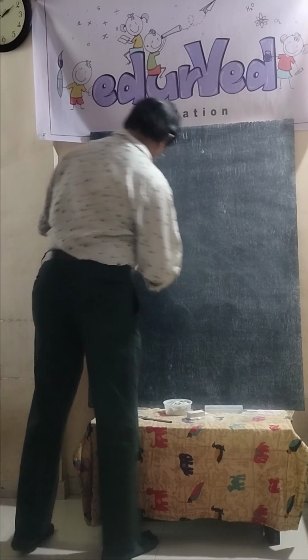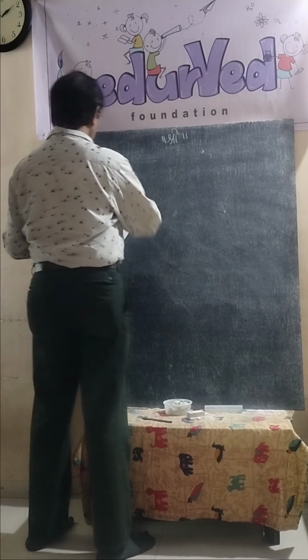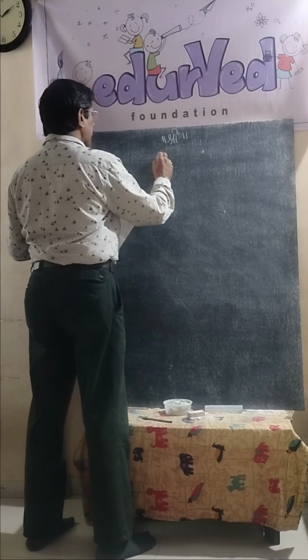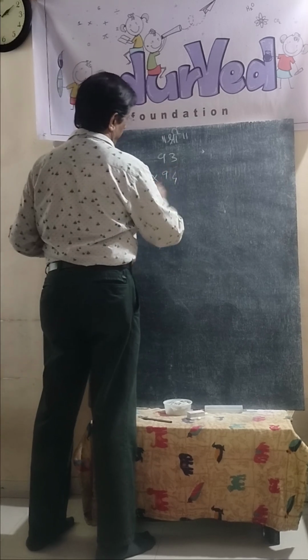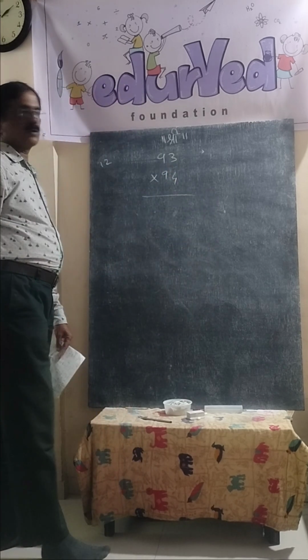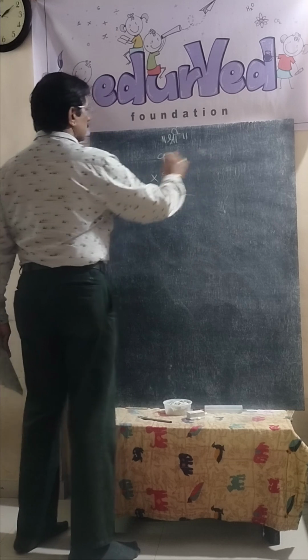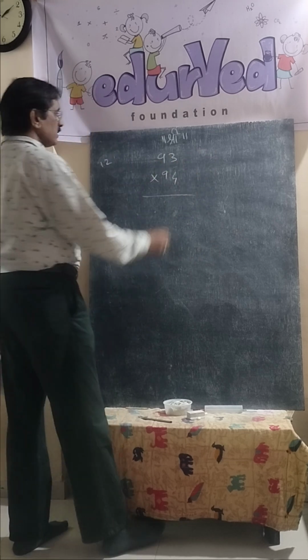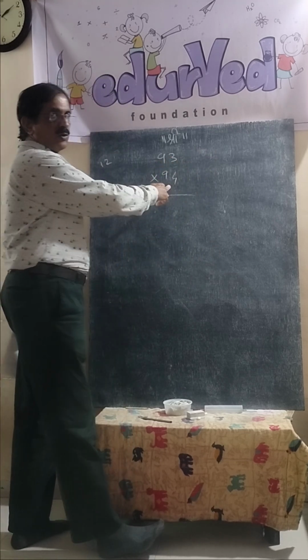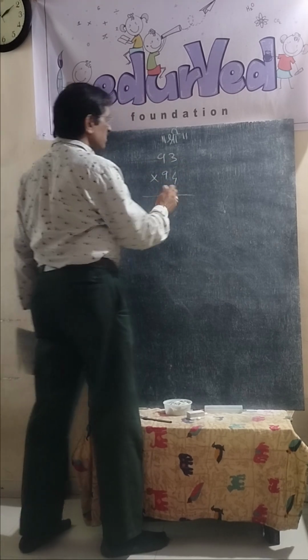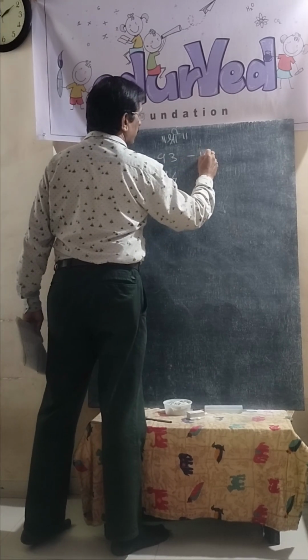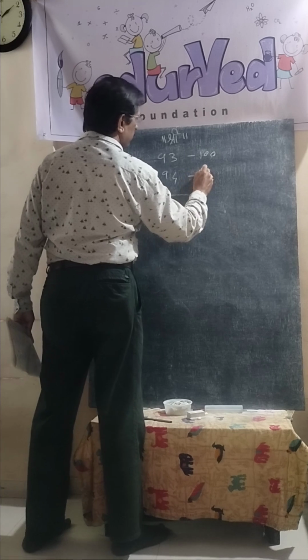Now see the next sum is the 12th sum. 93 into 94. So this is the third type of category. This number is 93 and this is 94. This is closer to 100. This is also closer to 100. So write minus 100 over here, minus 100 over here.